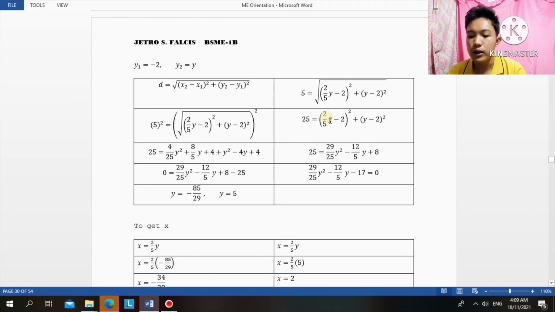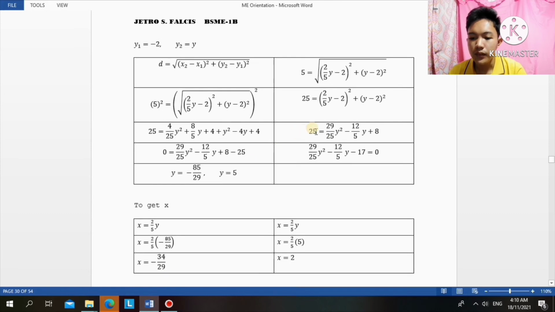Then (2 fifths y plus 2) raised to 2 plus (y minus 2) raised to 2. So expand. Our equation will be 25 is equal to 4 over 25 y squared plus 8 over 5 y plus 4 plus y squared minus 4y plus 4. So combine like terms. Our equation will be 25 is equal to 29 over 25 y squared minus 12 over 5 y plus 8.